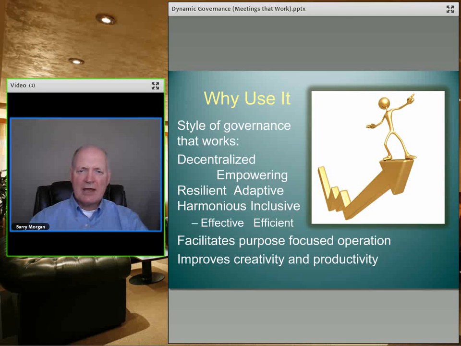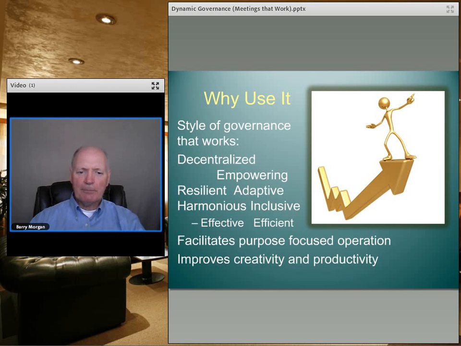Because they involve everybody in the organization in the decision-making process, they are known to be inclusive and therefore harmonious, and they've also been proven to be very effective and much more efficient than the traditional style of business governance.